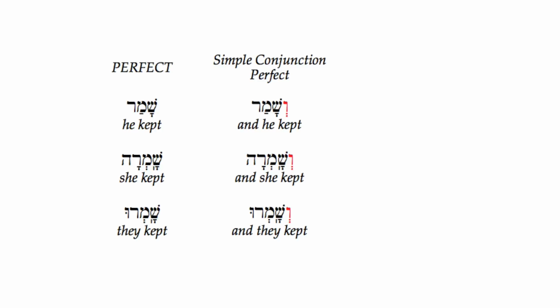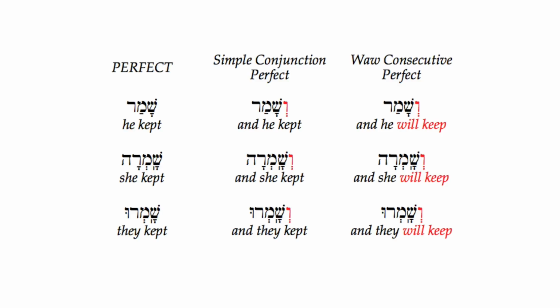That's pretty intuitive. Hebrew also has something, however, where when you put the conjunction on a perfect, it makes it present future tense. Now, we'll explain why later. It just is. So veshamar can also mean and he will keep.